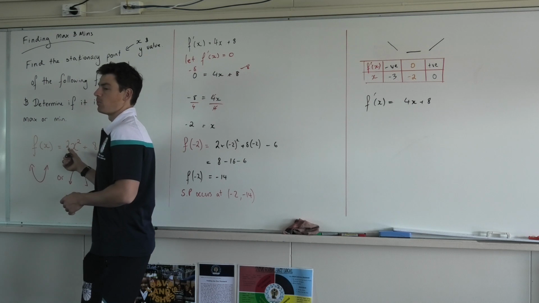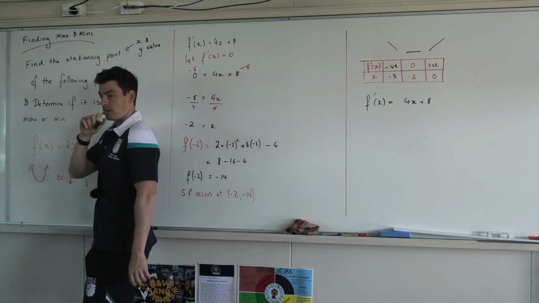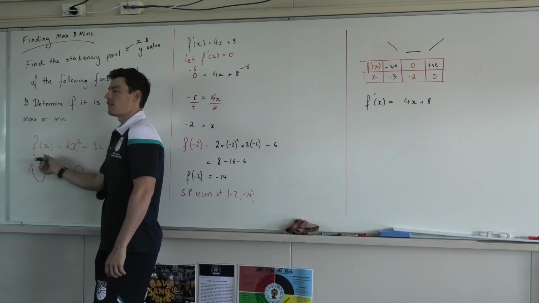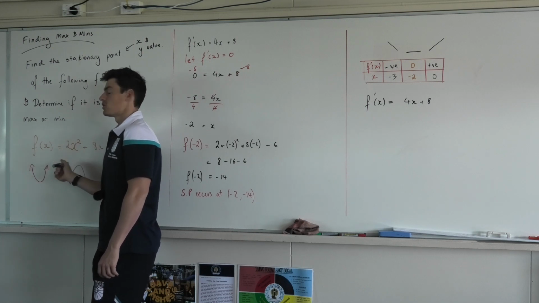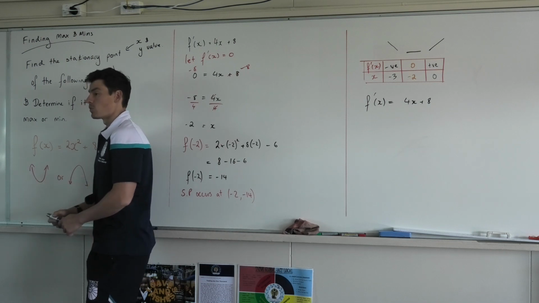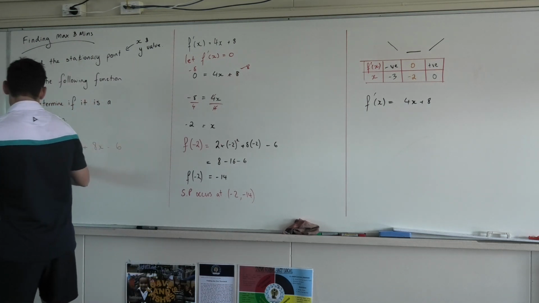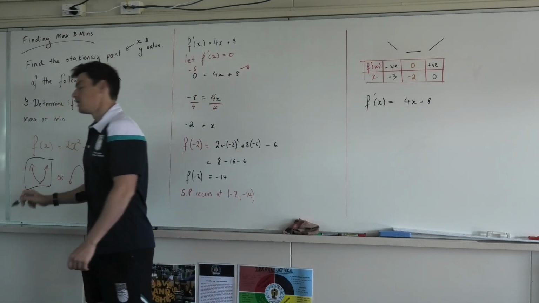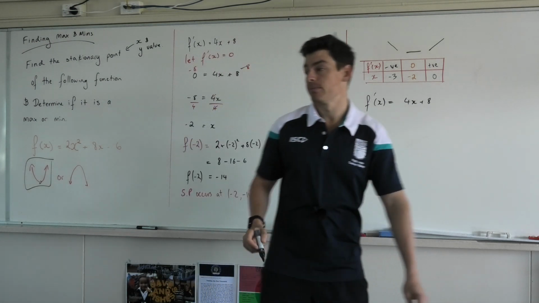Yeah, from the gradient, but how else? Is that a smiley face or a sad face? Smiley face. So the turning point in a smiley face is at the bottom, correct? So that's going to be a minimum. So we knew it was going to be this one from the start, which told us we were going to be dealing with a minimum. This is just a proof of that.